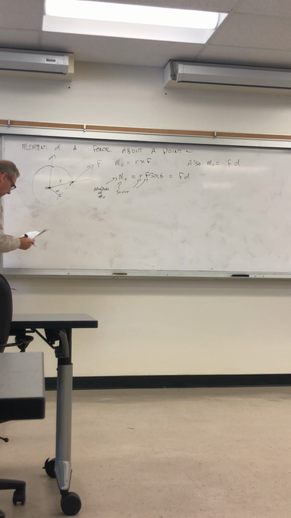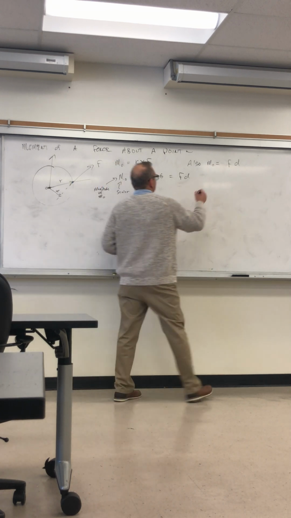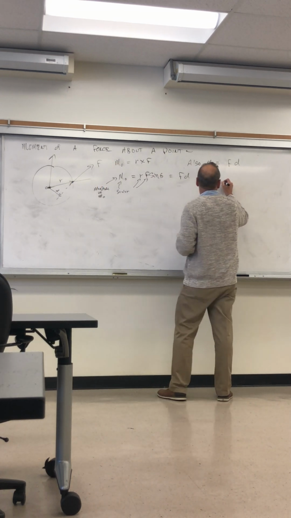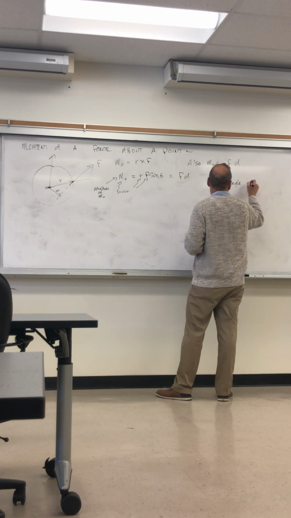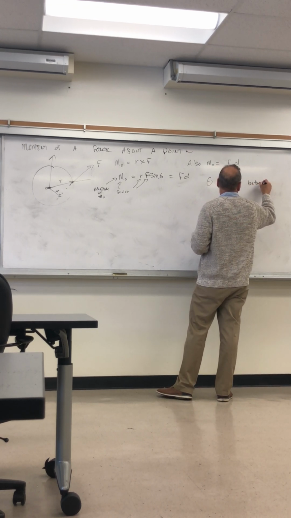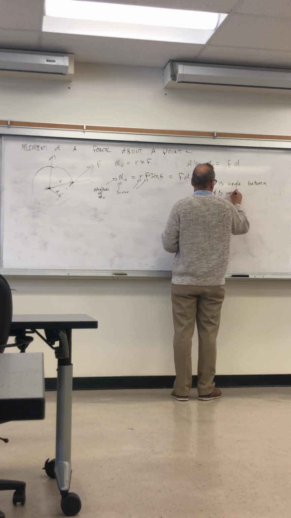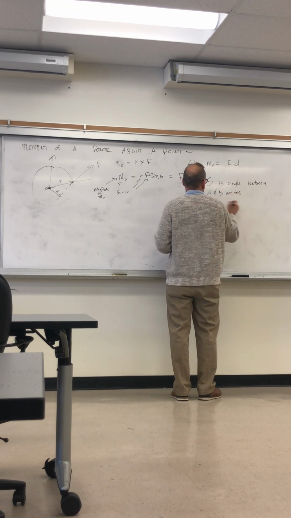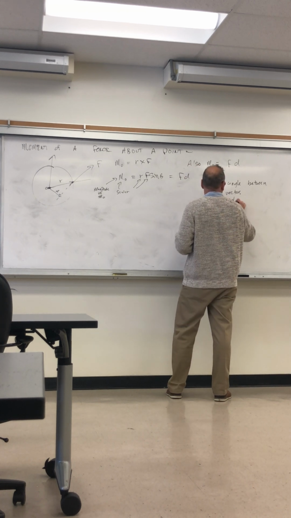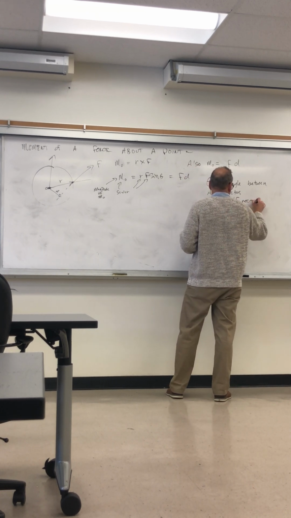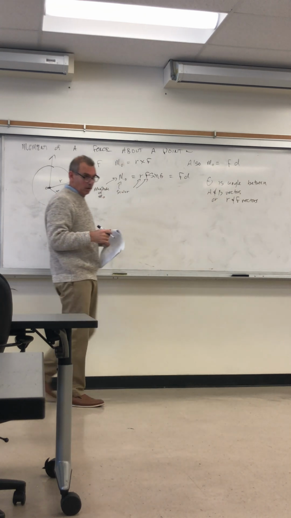Magnitude of M sub O. What would be theta? It's the angle between the two vectors.